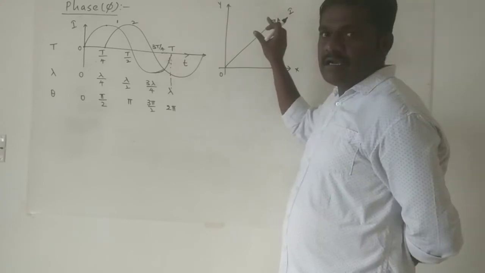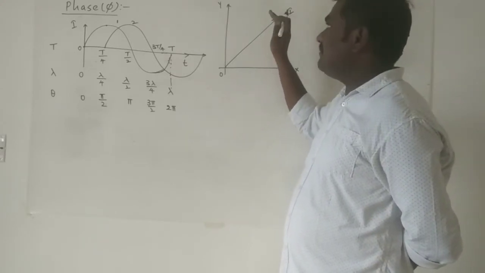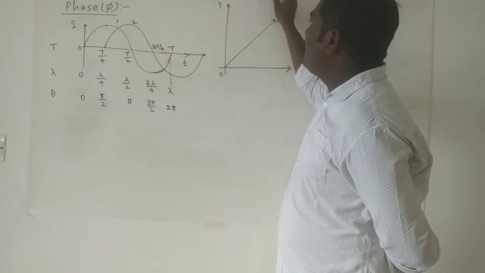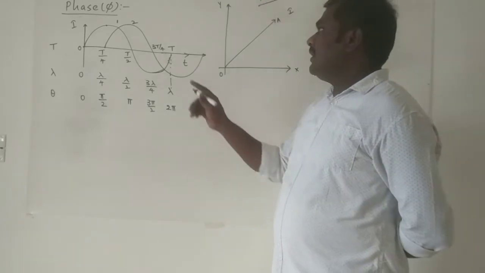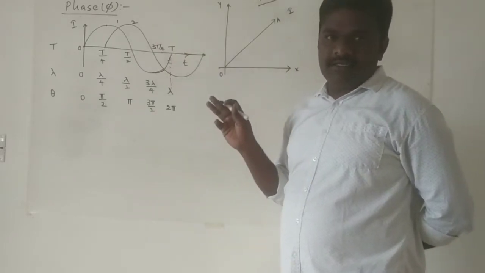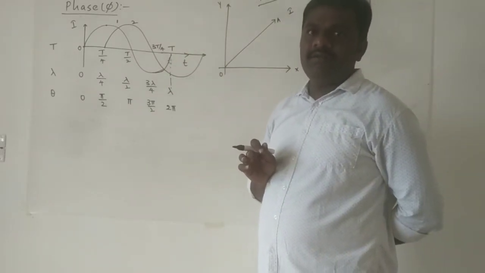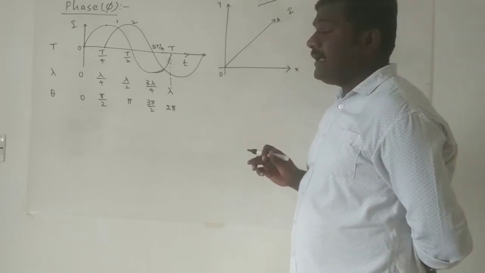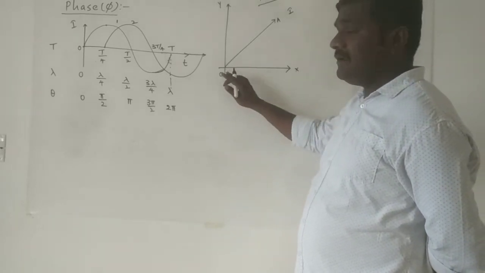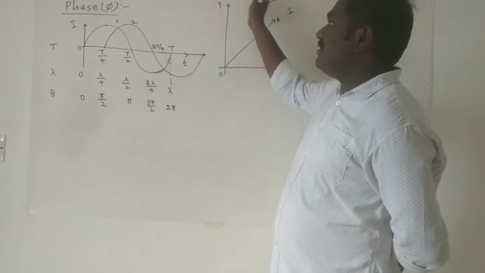But for reference I am taking it here as a vector quantity because I want to use a term called phasor. What is a phasor here? Electrical quantities in AC are sinusoidal. Such a sinusoidal electrical quantity is represented as the projection of a rotating vector.